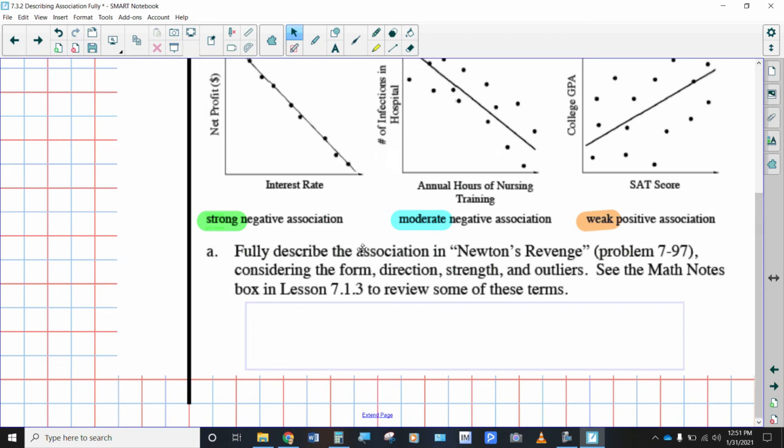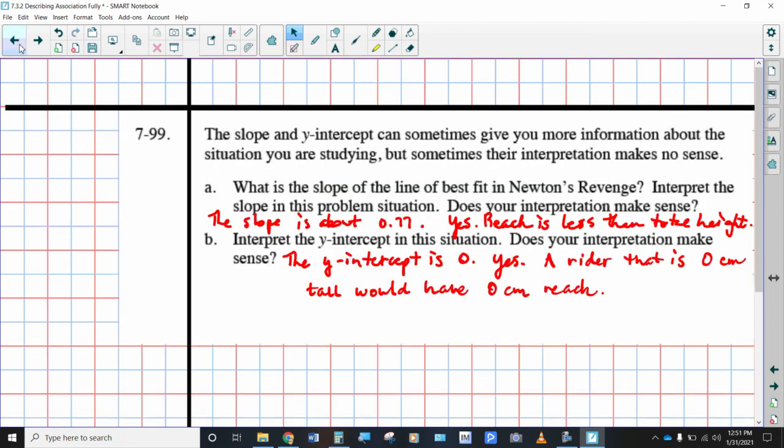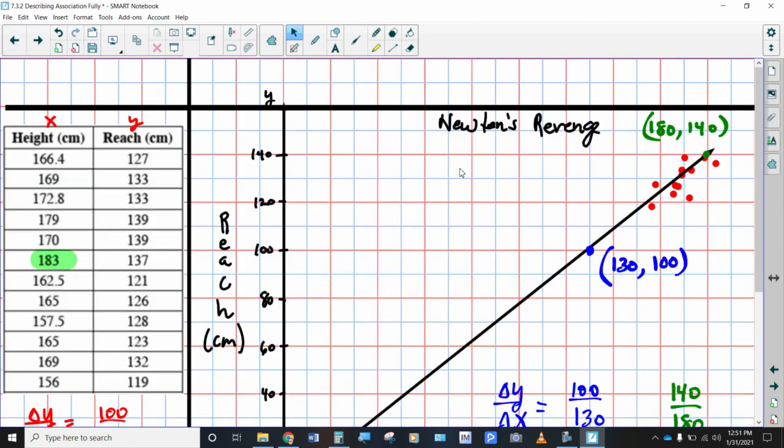Okay, so fully describe the association in Newton's Revenge. Well, I would say that this data was moderate, right? I think they were relatively close to your line of best fit. It was linear, it was positive, and I did not see any outliers.